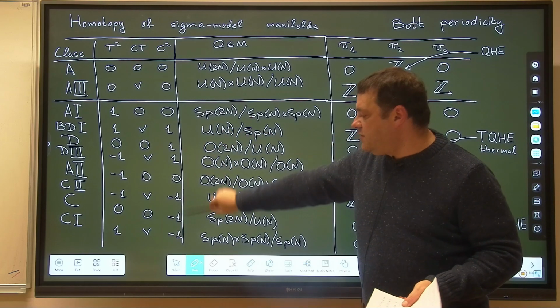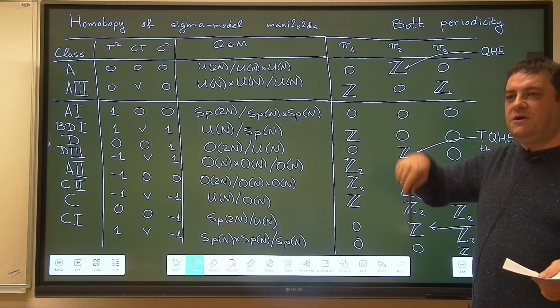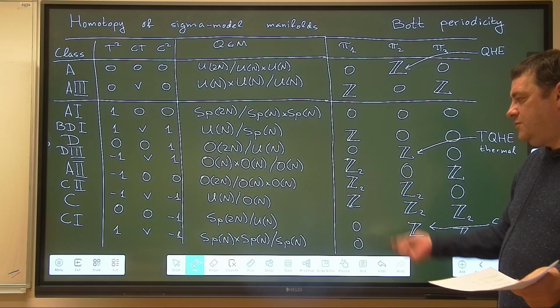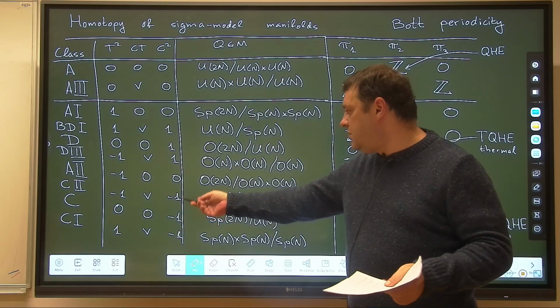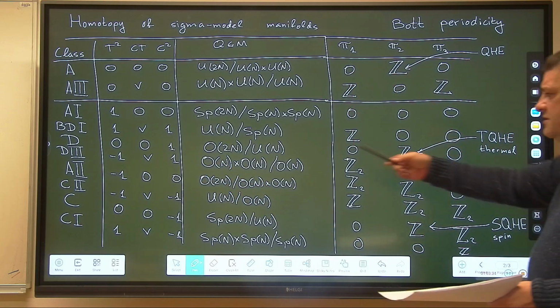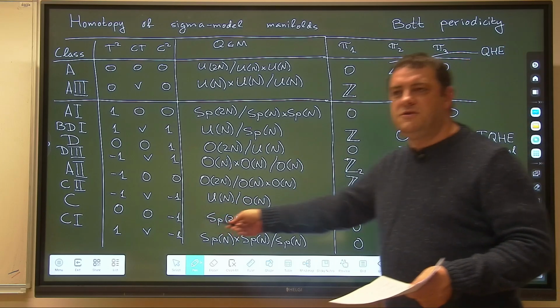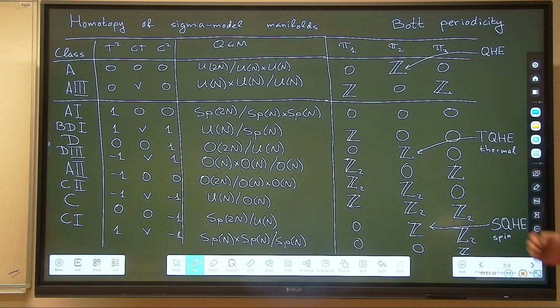So actually this 1 and minus 1 corresponds to CT, which with strong spin orbit coupling breaks spin symmetry, so there is no spin symmetry in class D. That's why it's thermal, in class D, and there is spin symmetry in class C, so you can have a spin current. But again, this is not the topic that I wanted to discuss, it's just to mention.